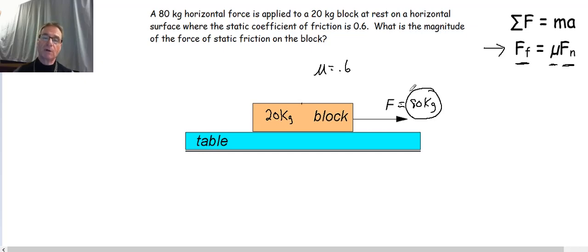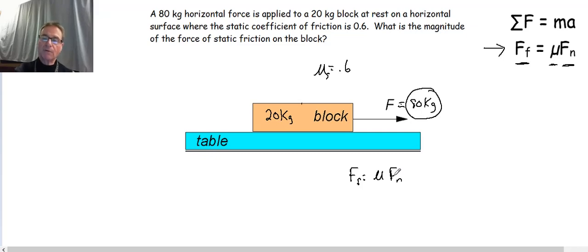So we're going to use the static coefficient of friction. If the block was moving, we would need the kinetic coefficient of friction. Those are the two different types of coefficients of friction: kinetic if the block is moving, static if the block is not moving. So the 80 kilogram horizontal force does not come into play at all. The force due to friction is equal to mu times the normal force.